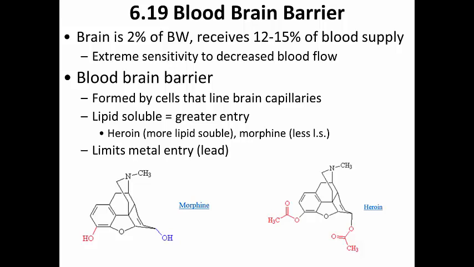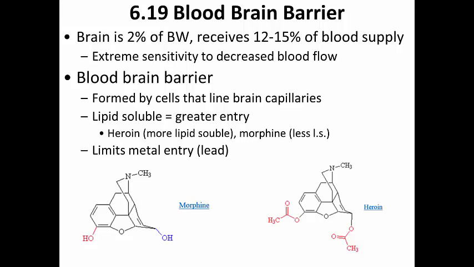Being lipid-soluble, as you might imagine, means that you can get into the brain much more easily because you can pass across those plasma membranes with much less trouble. We see that illustrated in drugs such as heroin and morphine. Morphine and heroin, shown on the screen here, are very similar to one another in terms of their chemical structure, but heroin is more lipid-soluble.